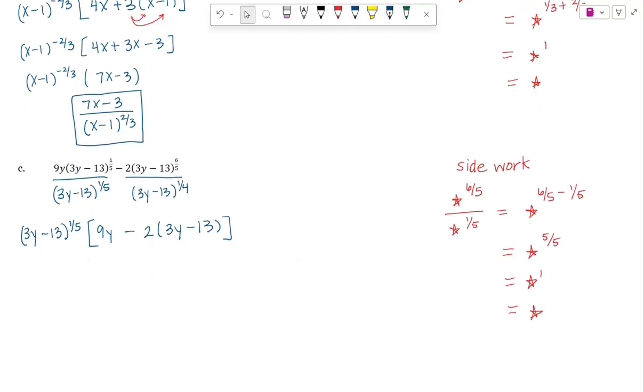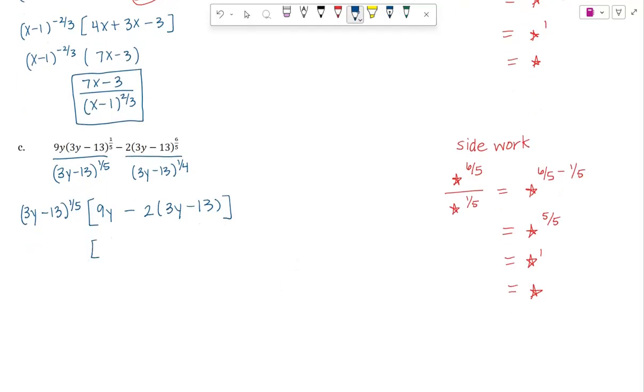All right, let's simplify this. Inside the brackets here, we've got 9y minus 6y and then plus 26. That negative sign gets distributed along with the 2, and that'll become positive.